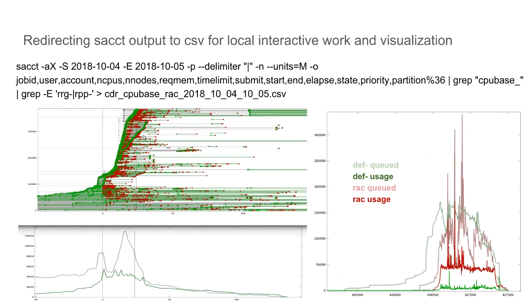In this case the x-axis is time in hours, the gray line represents the amount of time a job waited, the green triangle represents the start time of the job, and then the red triangle represents the end time of the job. Now this is all of the jobs on the Cedar system between midnight or 0 on October 4th and October 5th.